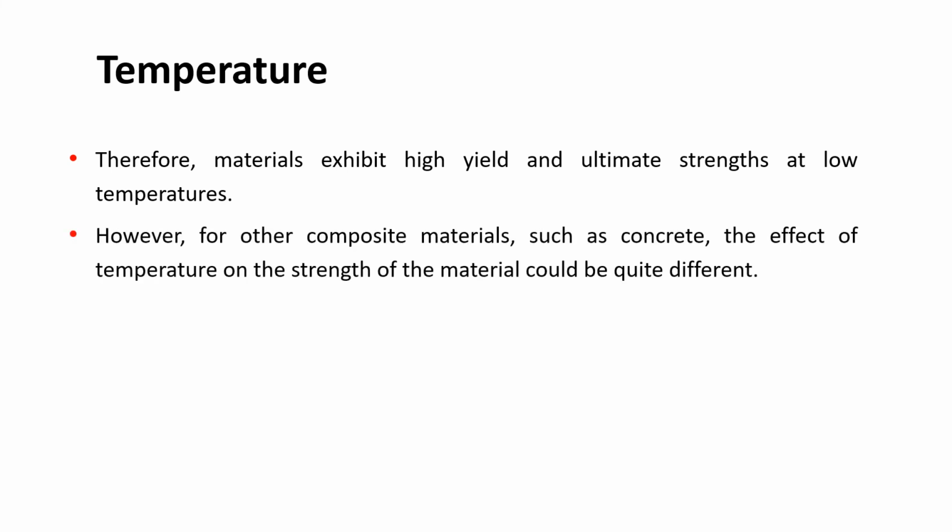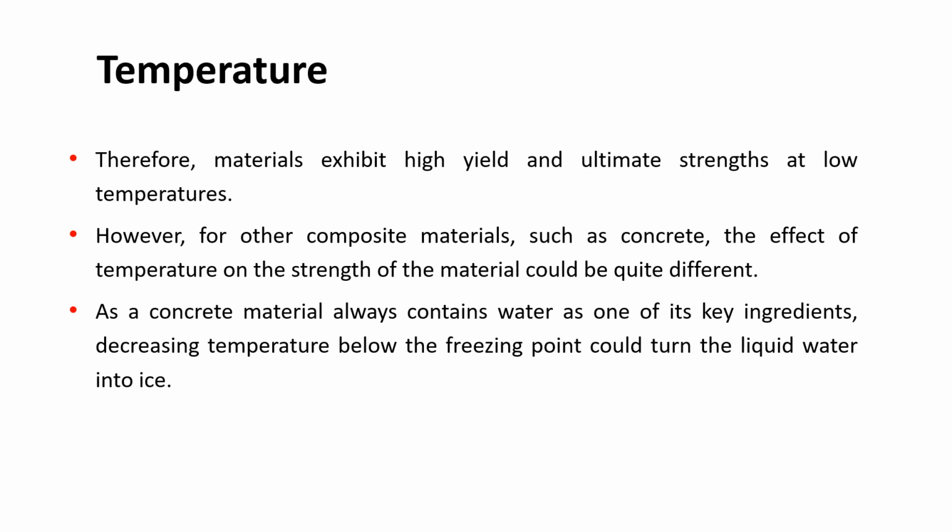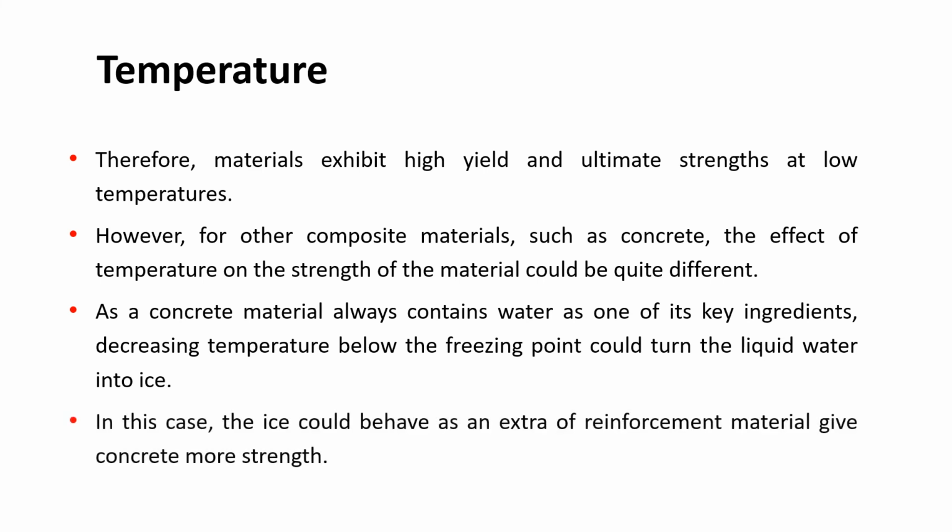Second, for composite materials, the effect of the temperature on the strength of the material could be quite different. Third, as a concrete material always contains water, a temperature below the freezing point could turn the liquid water into ice. In this case, the ice could behave as an extra reinforcement material, giving concrete more strength.